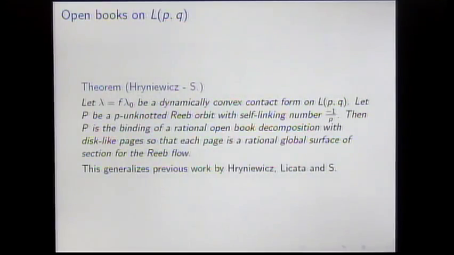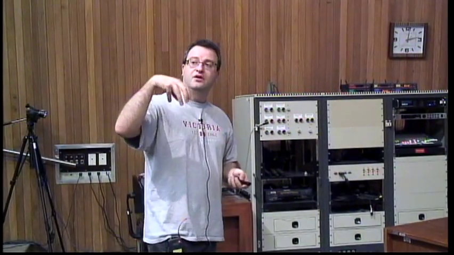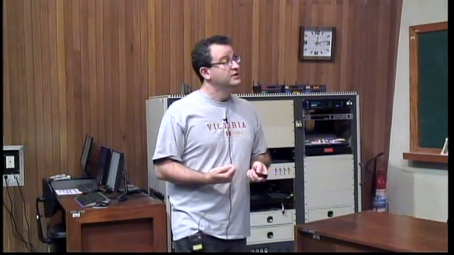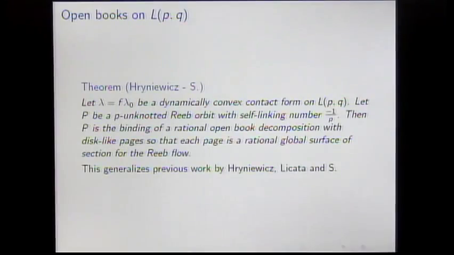Again, the standard contact form on S3 descends to a contact form on L(p,q). And the problem here is, at least so far, we had some difficulties proving this theorem for general lens spaces, which means that we were not able to find this very special periodic orbit, a p-unknot, the analog of the Hopf fiber for L(p,q). This part of the theorem, unfortunately, we could not produce due to some difficulties.